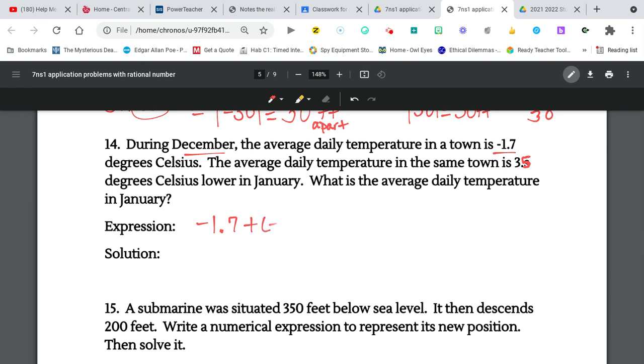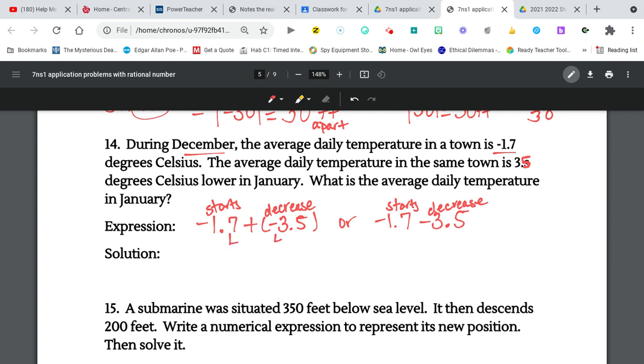Well, you can add negative 3.5 to it, or you can write negative 1.7 and subtract 3.5. This is where it started, and this shows that it's lower or that it's going to be a decrease in temperature, okay? Same thing here, shows where it starts, and this shows that there is a drop or a decrease in temperature.